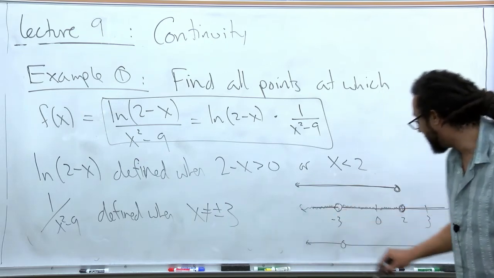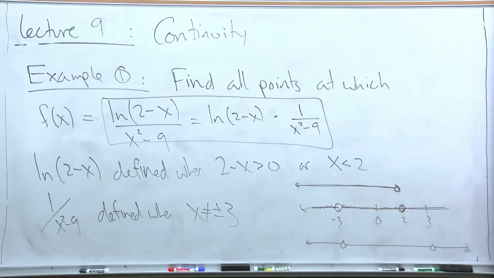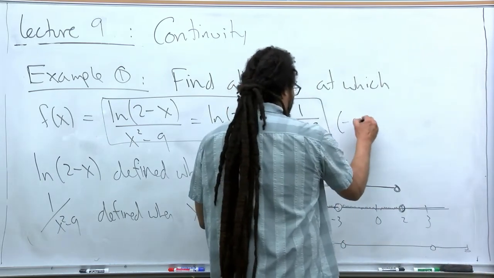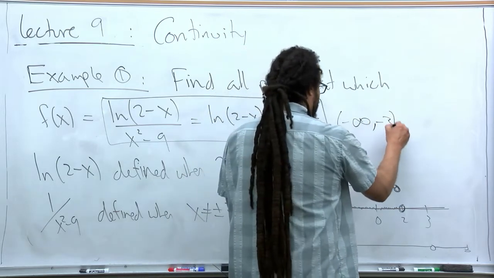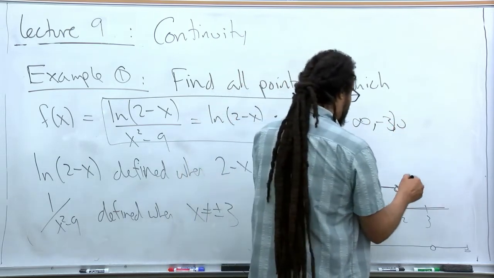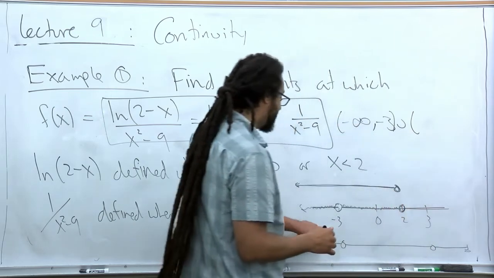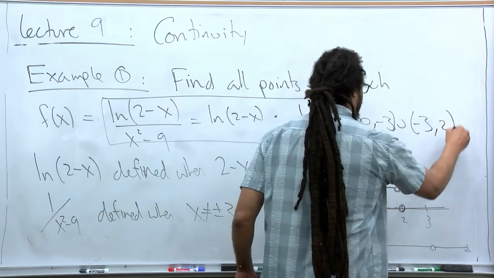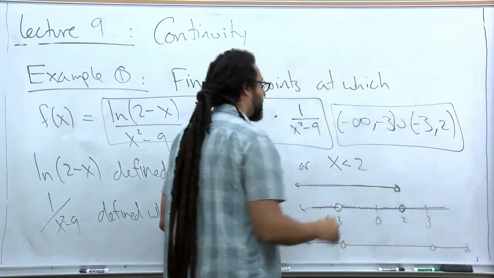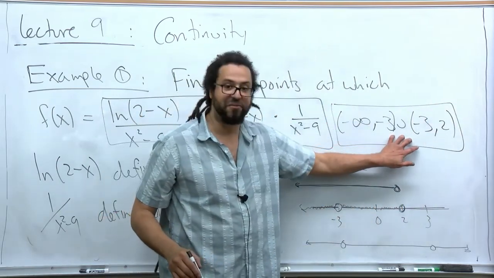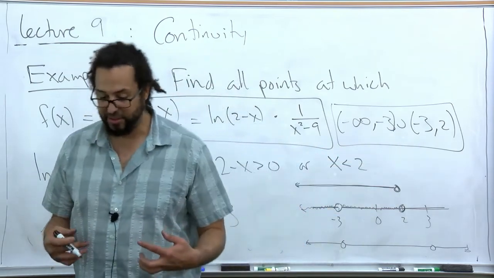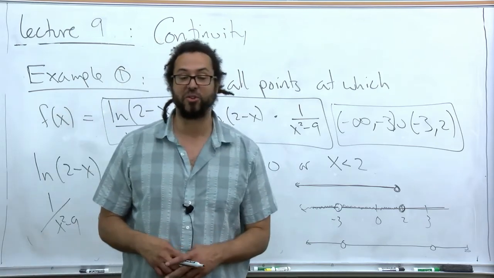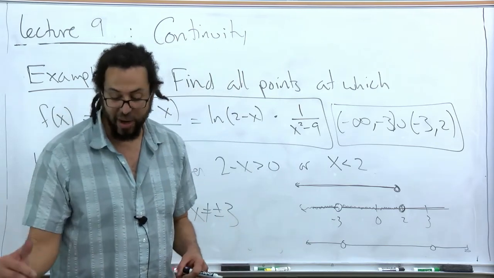So the shaded region is where this function is continuous. This thing is continuous from negative infinity to negative 3, union negative 3 to 2. So this would be a good final answer, or a good summary of the discussion of where this is continuous. Again, please refer to the notes to see how to write this up properly.